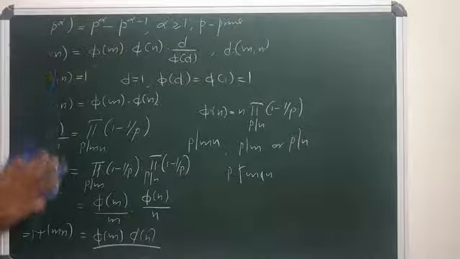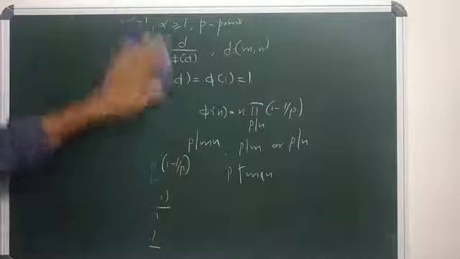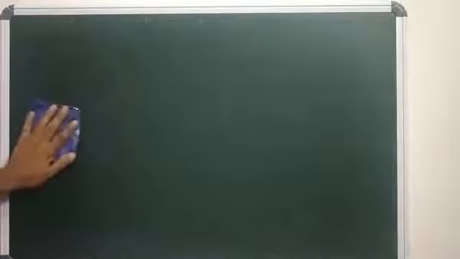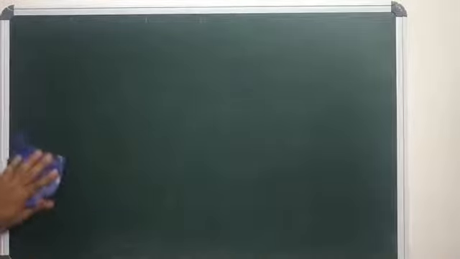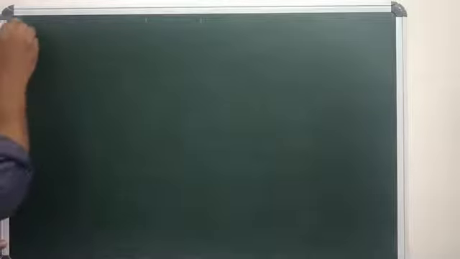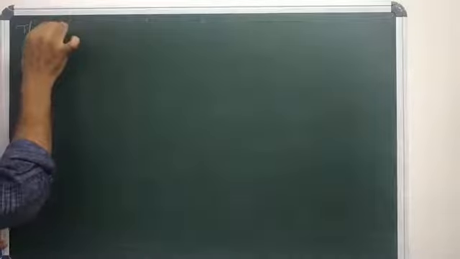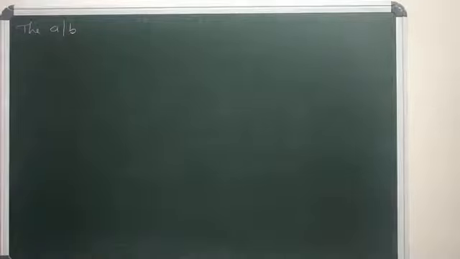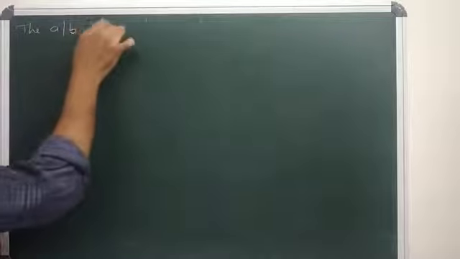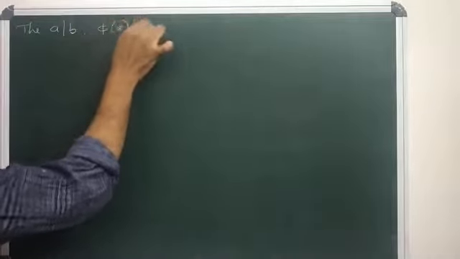Now we are going to another important property, that is when A divides B. If A divides B, then what is the behavior of phi of A and phi of B? That's our next task. If A divides B, can you say that phi of A divides phi of B?